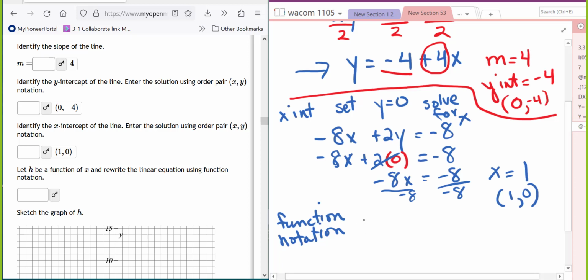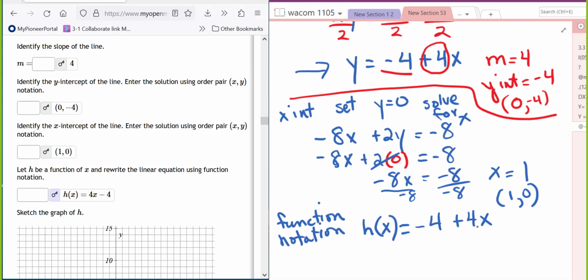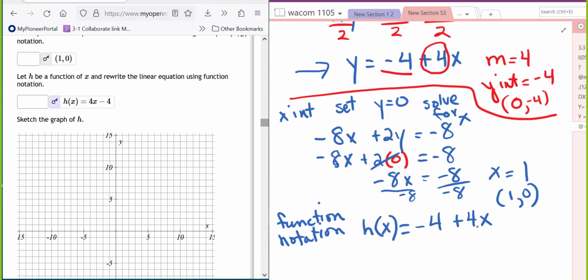So h of x will equal, and then we can just use the other pieces. So that's instead of y, -4 plus 4x. And this is the same. The order would not matter as long as you have the signs right. And then we'll draw the graph.